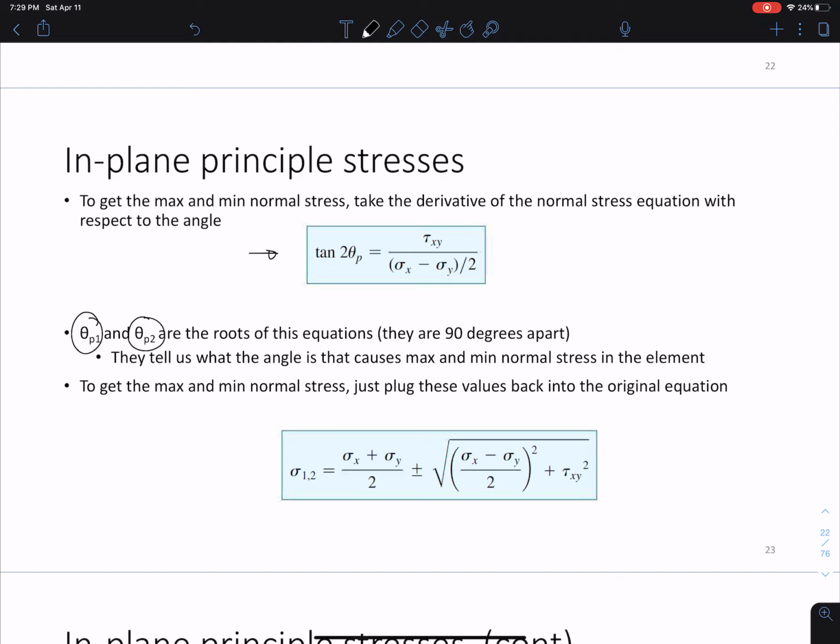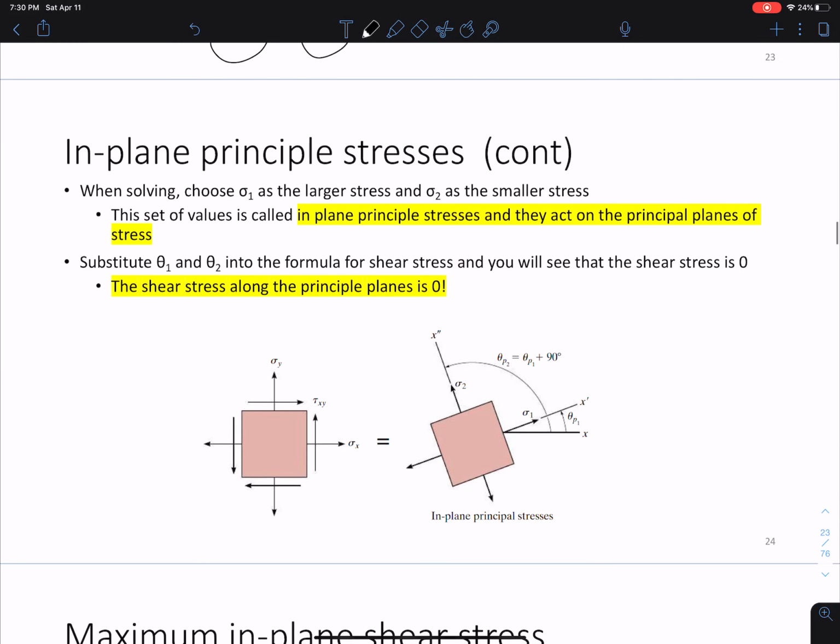They tell us what angle the max and min occur at, and then we plug those back into our equation. You'll see here it says sigma 1 and sigma 2, and we're going to use sigma 1 as the larger value and sigma 2 as the smaller value. I put that here: sigma 1 is larger and sigma 2 is smaller.